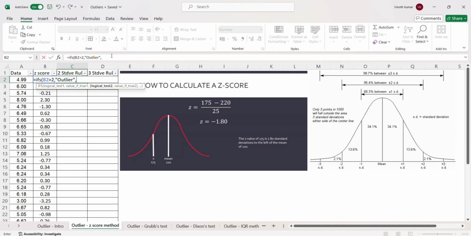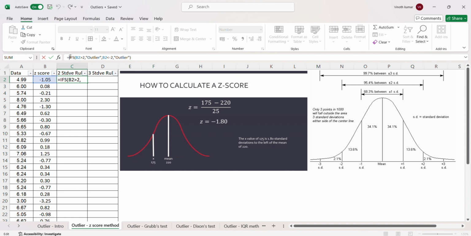The next condition is if B2 is less than -2, then also call it as an outlier, right? And now I can close the bracket and I can hit enter. So what will happen? Yes, this data is not greater than 2 and not less than -2, hence it has replied me a not applicable formula, right?